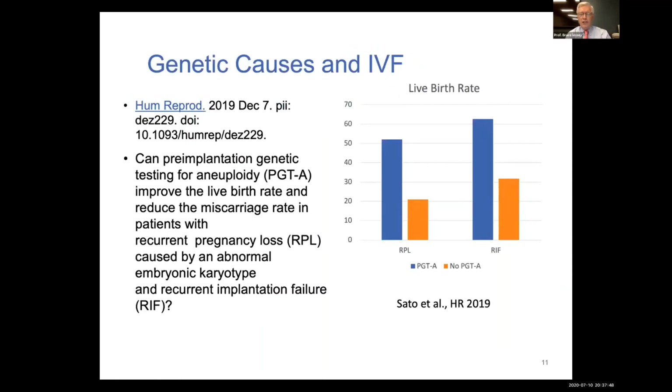So we know that embryo genetics influences IVF outcome, and this study by Sato shows that even for recurrent pregnancy loss or recurrent implantation failure, that checking the embryos is important, and it will improve your outcomes.